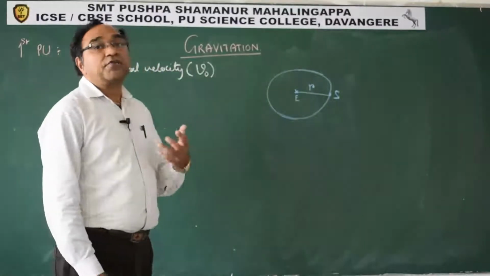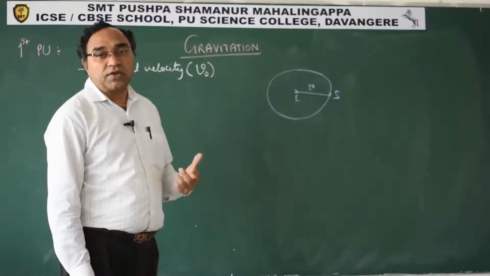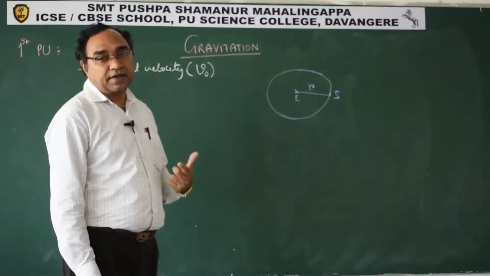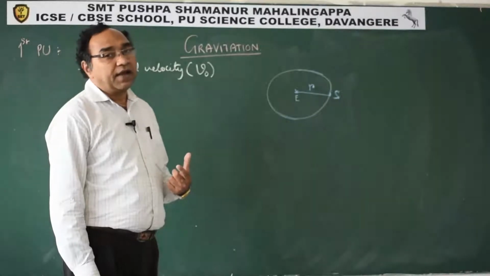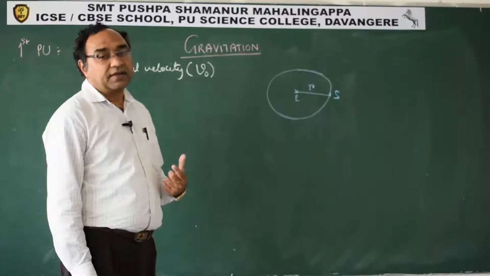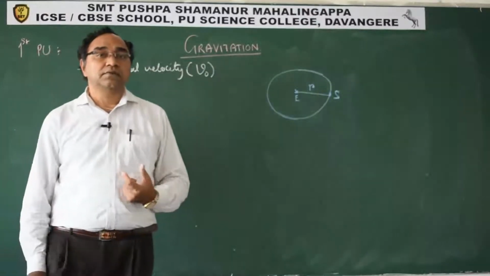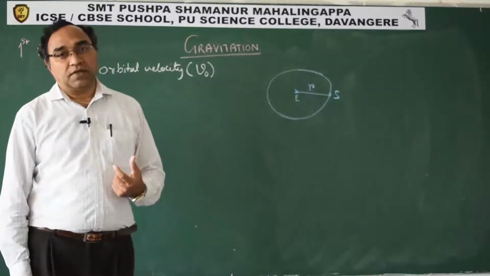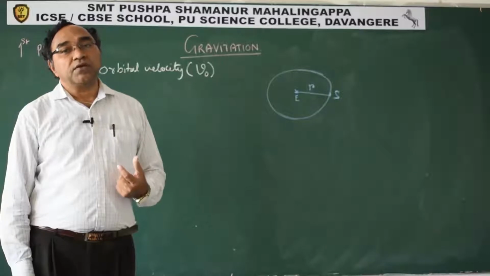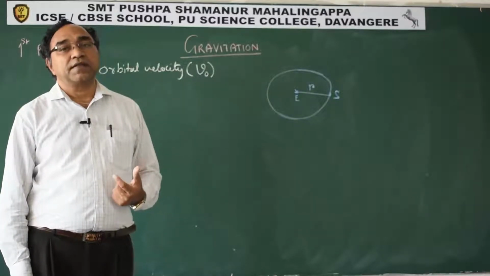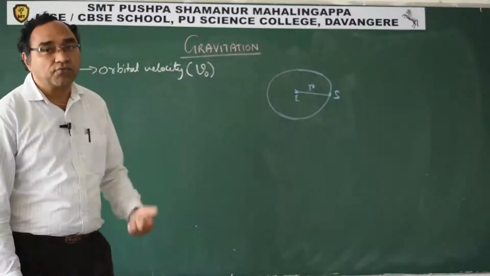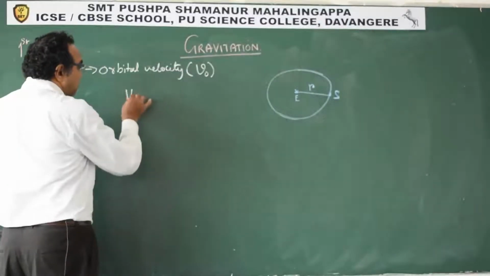So what is providing the centripetal force? Closely observe Earth and the satellite. They are two masses, and the law of gravitation says that there will be a force of attraction between these two masses. So the centripetal force required is provided by the gravitational force.